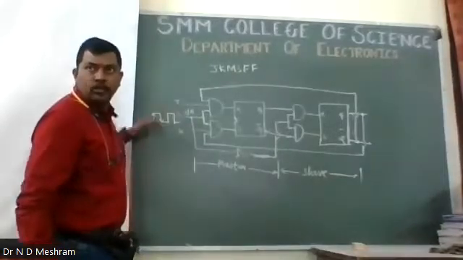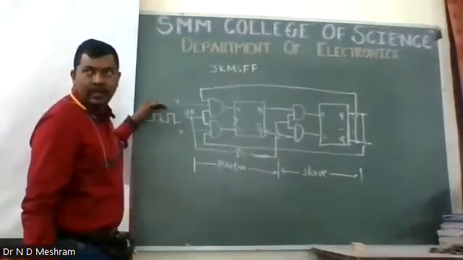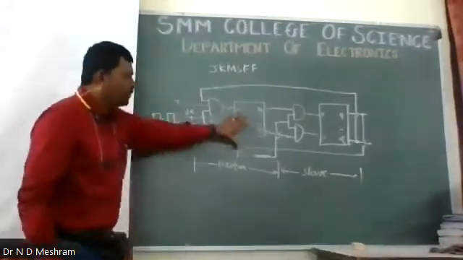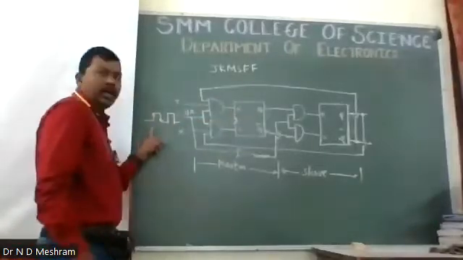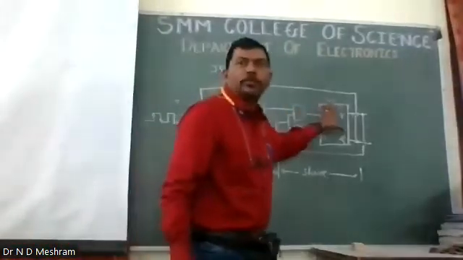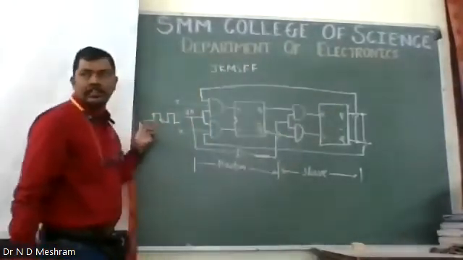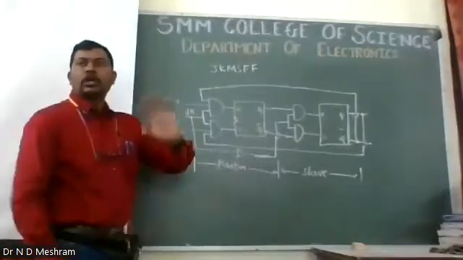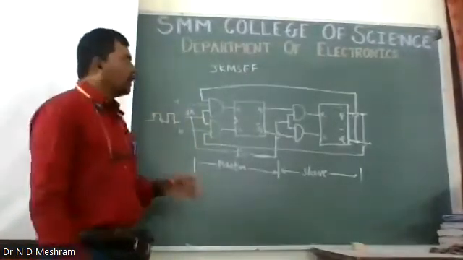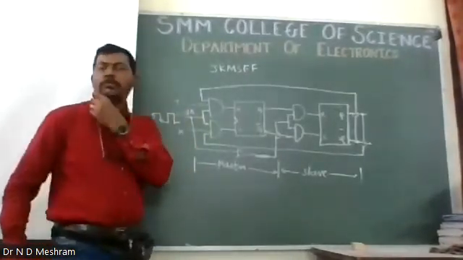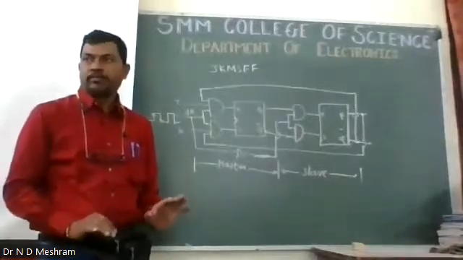Is it clear? So this master flip-flop will work on high, and this slave flip-flop is going to work on the negative edge. And this is how the toggle mode problem is reduced. The rest of the truth table of the flip-flop remains the same.